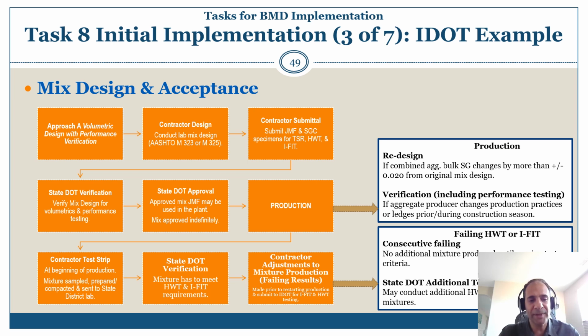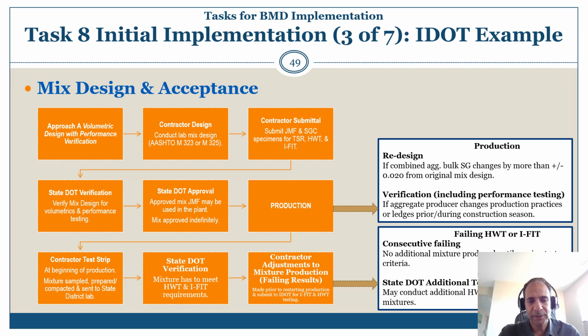That's right at the beginning of the production, and samples of asphalt mixtures are collected. They are prepared and compacted by the contractors and sent to the state district lab now for testing. And then the district lab will verify that the asphalt mixtures meet the volumetric requirements as well as the Hamburg wheel tracking test and the iFit requirements.